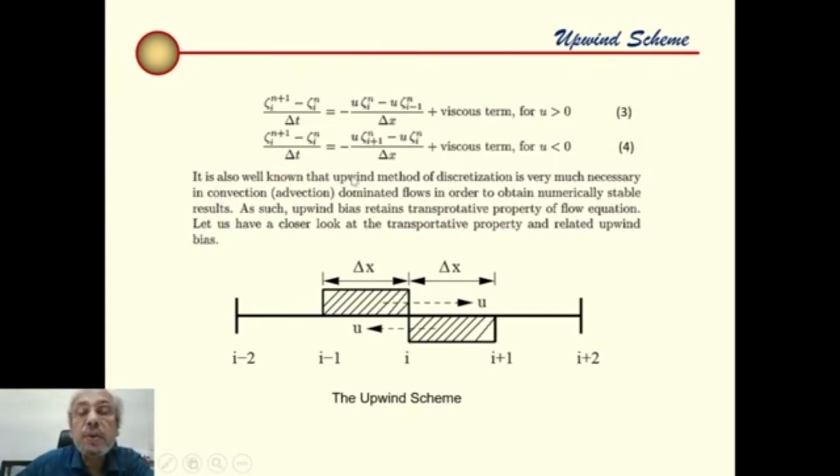It is also well known that the upwind method of discretization is very much necessary in convection dominated flows.